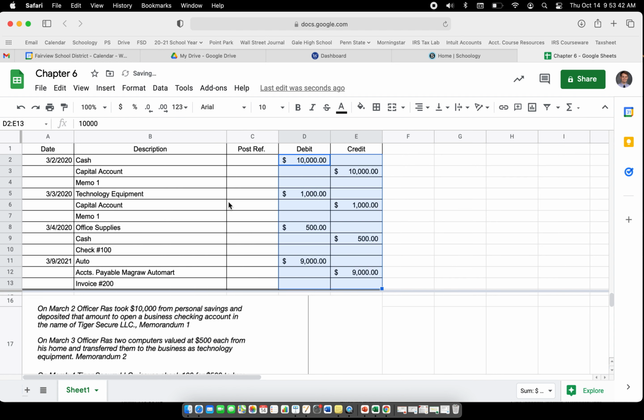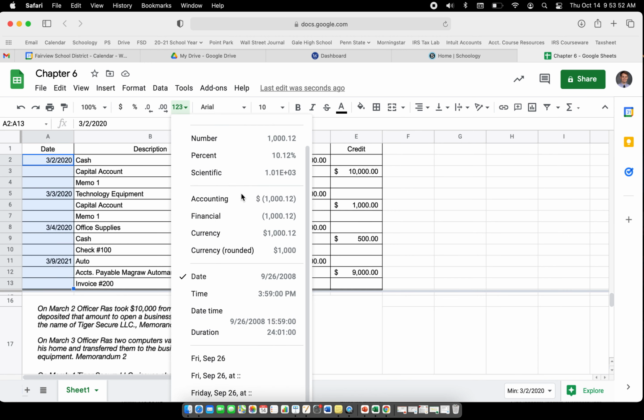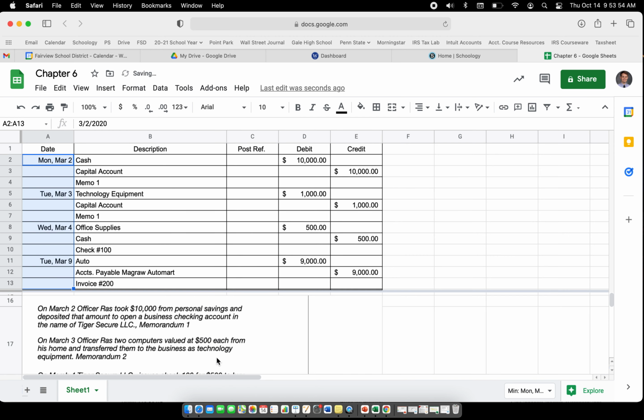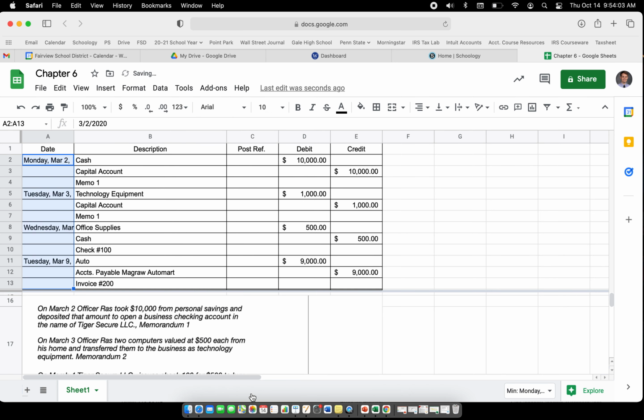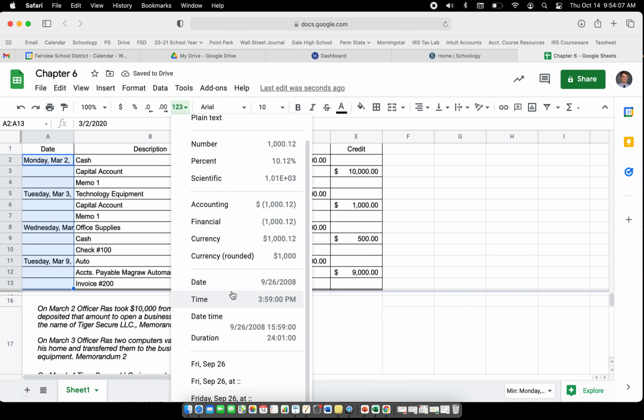We can also go into accounting. And we can also change the dates. And that might give us a better idea also if we have the day of the week included. So there's all kinds of different formats when you're entering your data.